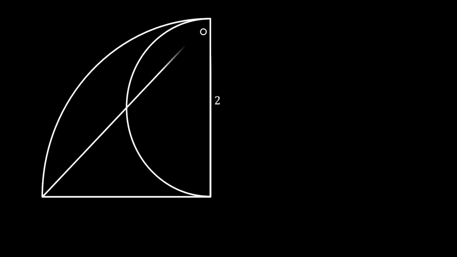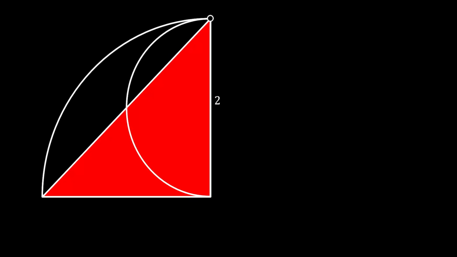This means that this point can be anywhere on our half circle. So we can just take this point and put it, let's say, on the top right corner. If we do this, you can notice that now our red triangle will look something like this.